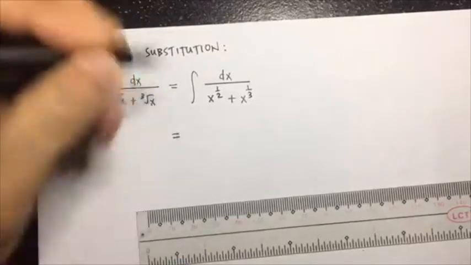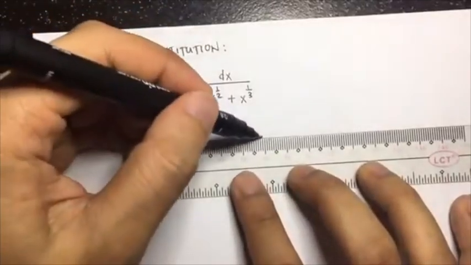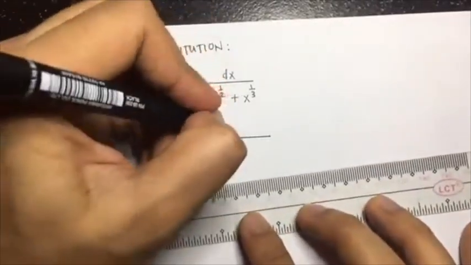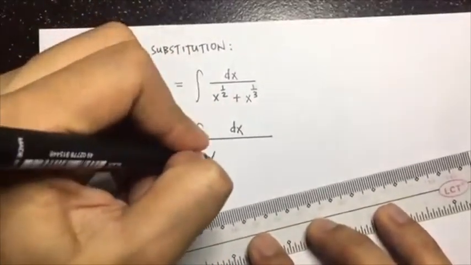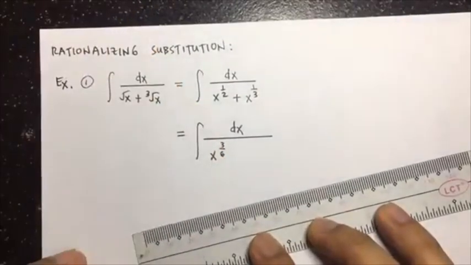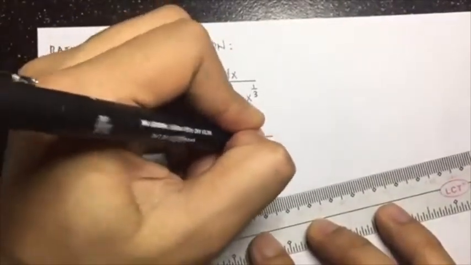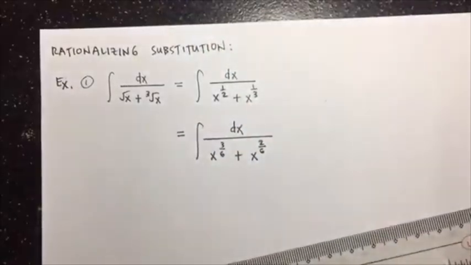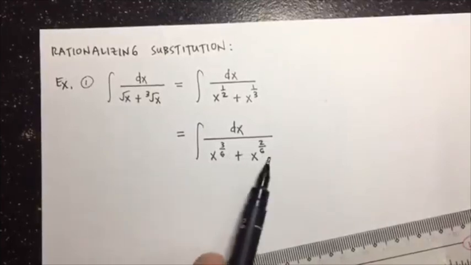So x raised to 1/2 is also equal to x raised to 3 over 6, plus x raised to 2 over 6. They now have the same denominator.